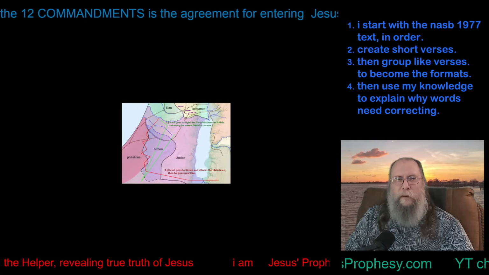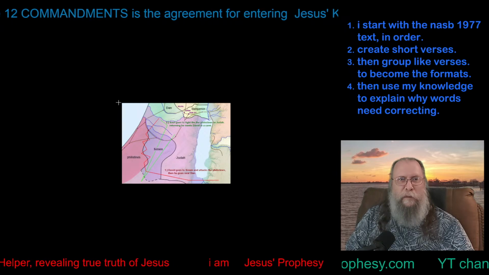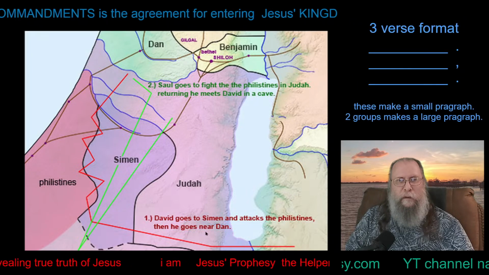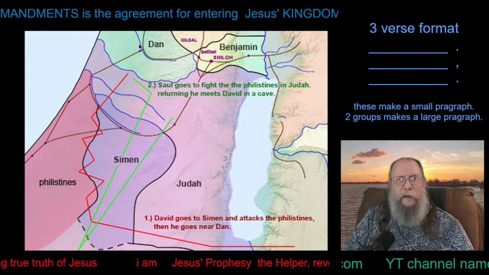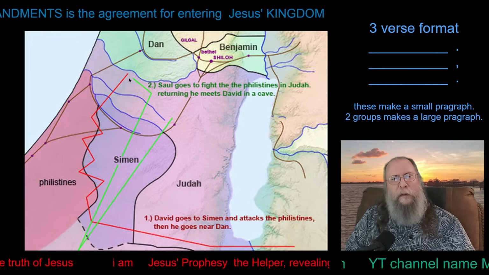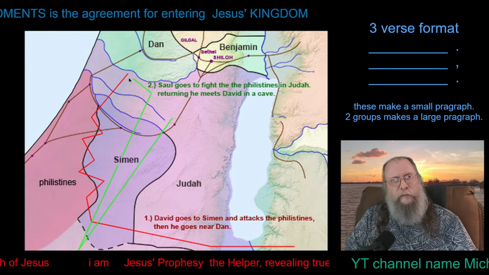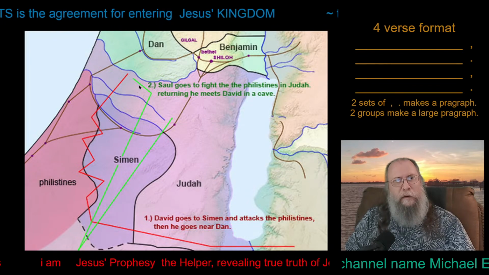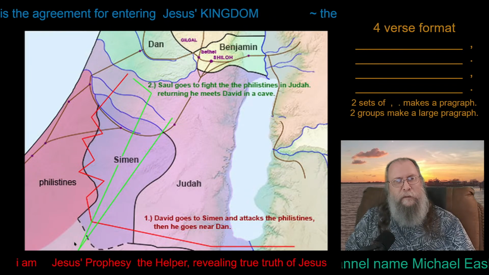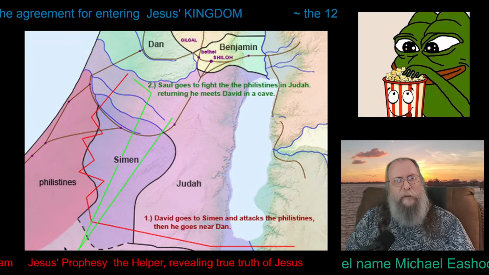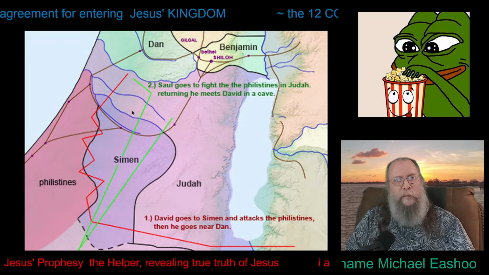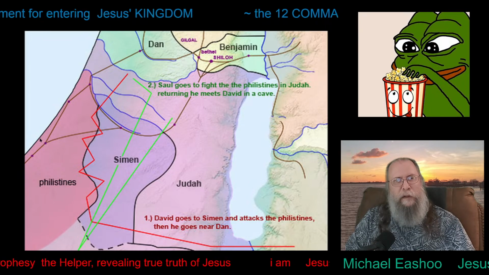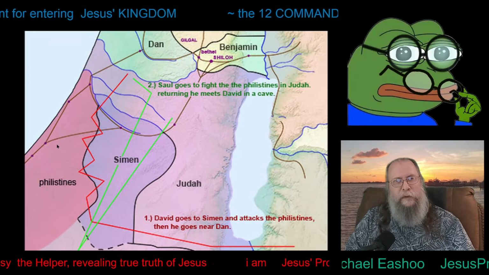See, now this is the battle I was talking about. Finally found that. Then goes near Dan. Okay, he didn't go up here. He come up to here. So here, David takes this line, and Saul had come down to battle them here, out of here, and then he came up chasing David to here. Now that Saul's dead, they were battling here when Saul was dead.